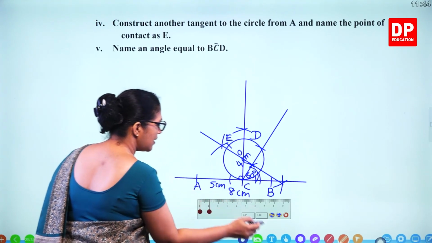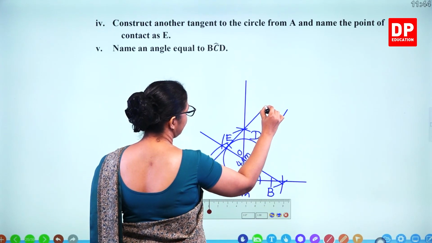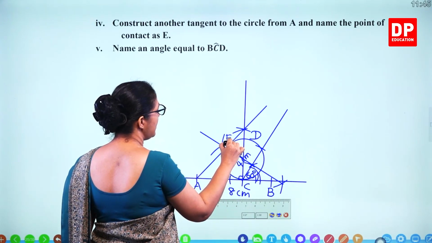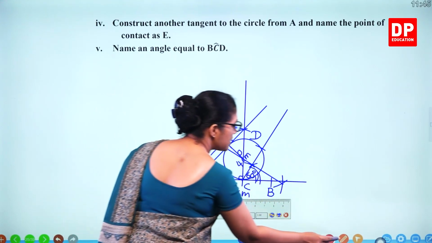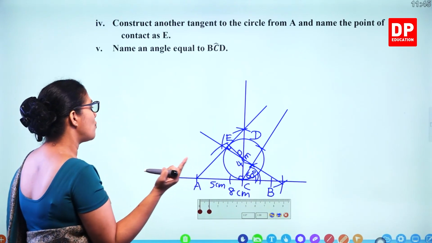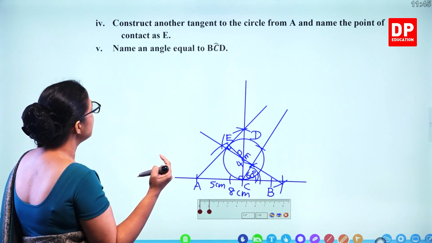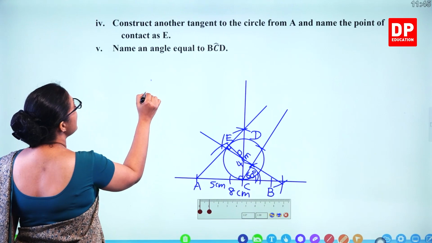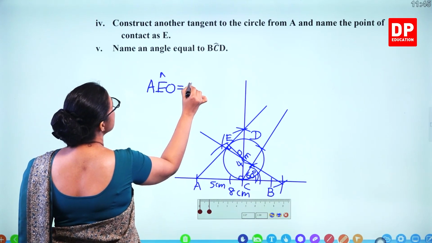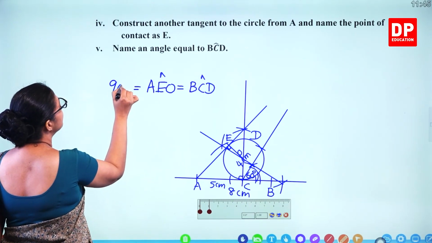Or, if you draw the tangent here, tangent is perpendicular. And if you connect O and E, that's also 90 degrees. The tangent drawn here is perpendicular. So we can give that angle AEO. AEO is the same as BCD. That's 90 degrees.